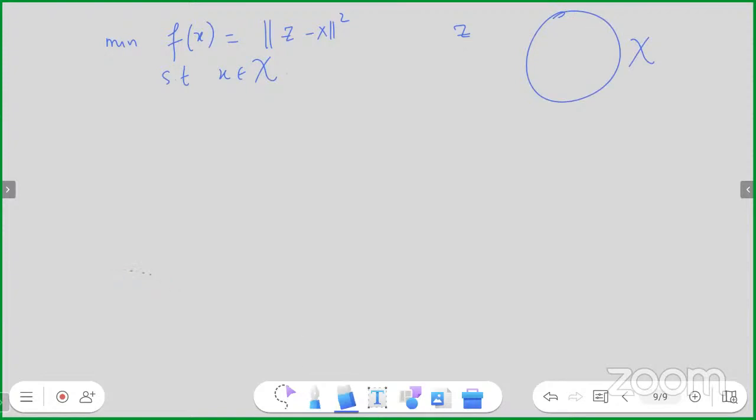You proved something in your homework one, and the projection is unique. So we're going to prove four parts of the projection, including all that we have learned in the last class. This is a nice convex problem.